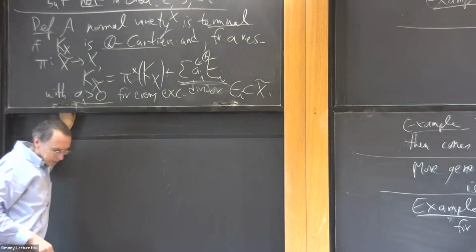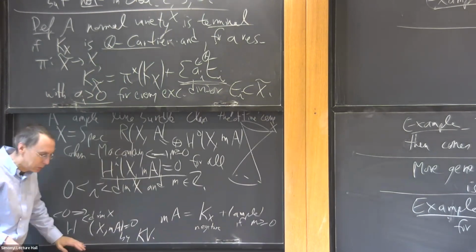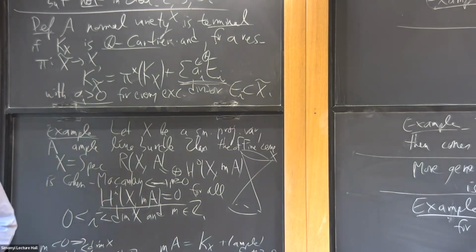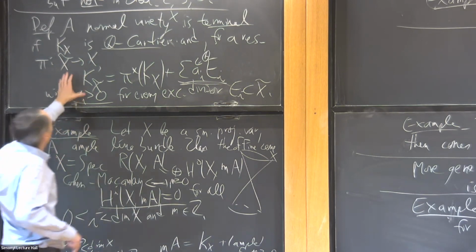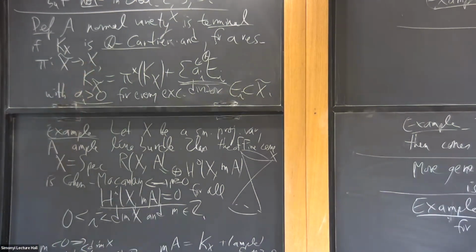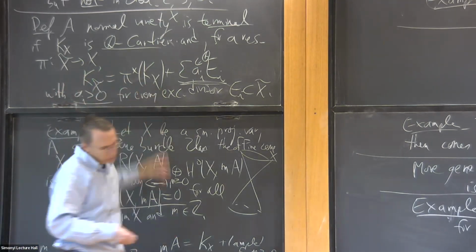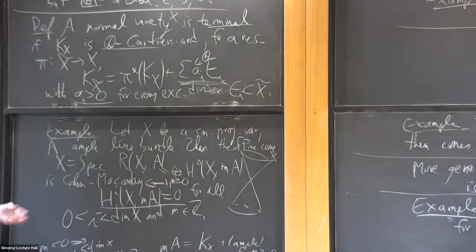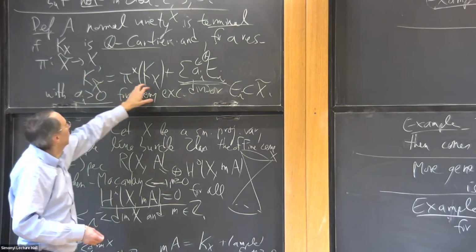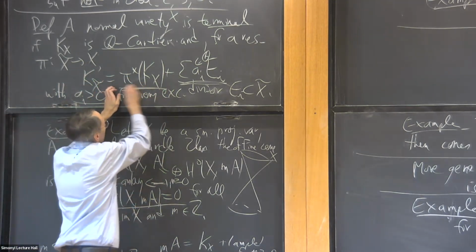Okay, so what does this mean? This has quite a simple intuitive meaning, I would say. If you have differential forms, like n-forms on your n-dimensional variety, and you try to pull them back to the resolution, because X is singular, it's not obvious that what you get is actually a holomorphic section of this bundle.